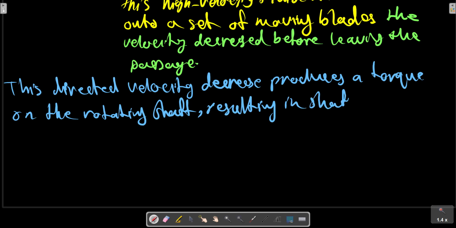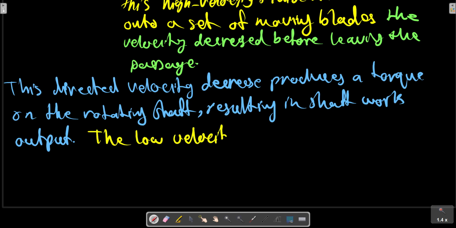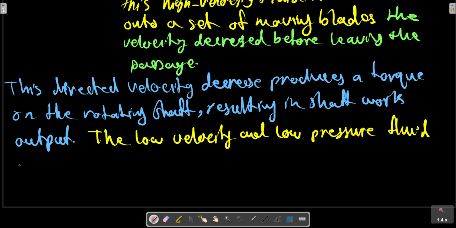The low velocity, low pressure fluid then exhausts from the turbine.